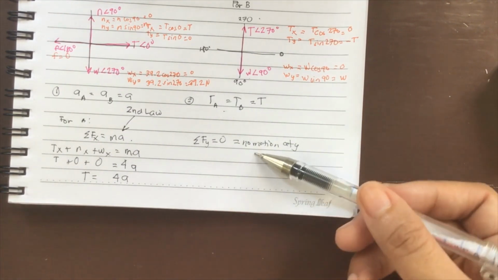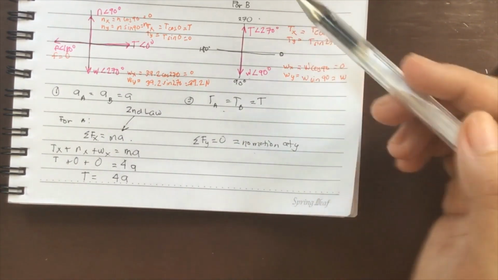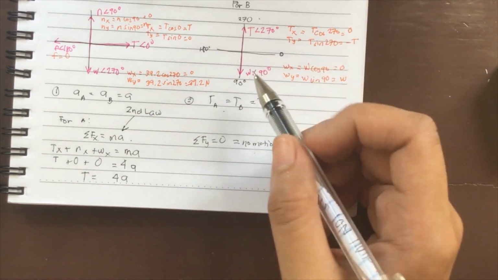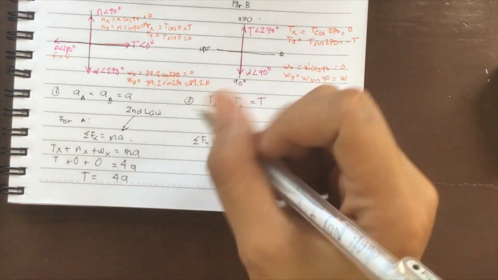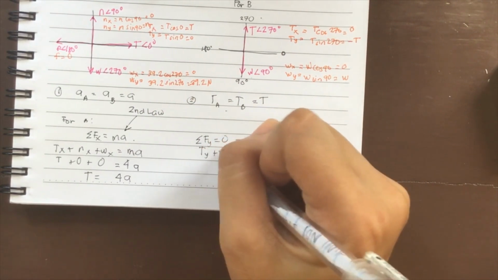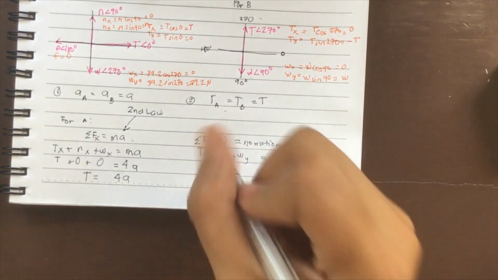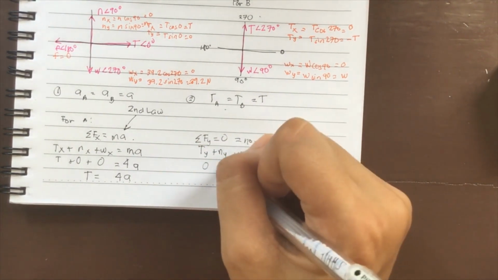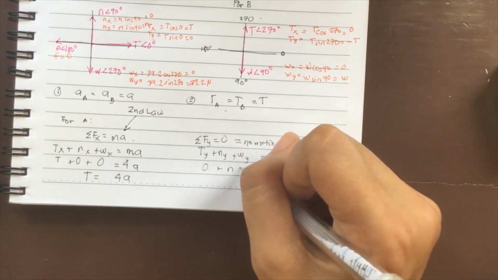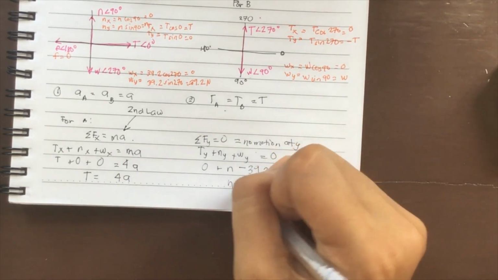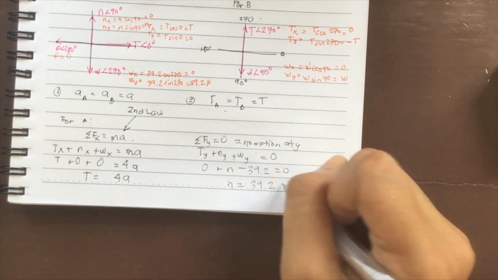Okay, let's now proceed to summation of forces Y. So summation of forces Y, you have Ty plus Ny plus Wy equals 0. So Ty is 0, Ny is N, minus 39.2 equals 0. Normal force is 39.2 newtons.